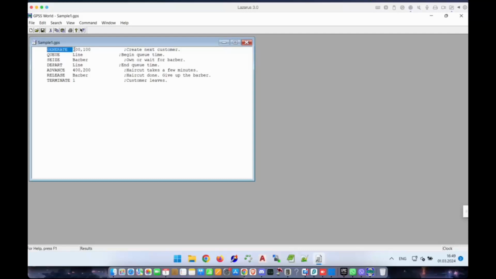So the generate always tells us how transacts appear in the system. Every operation we have written here will be executed by the transact, or by the actor, if you like to say it that way.